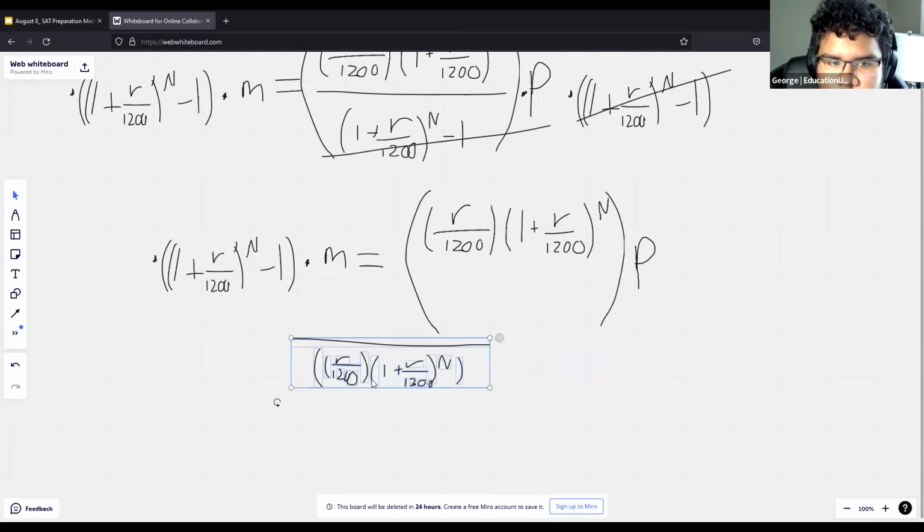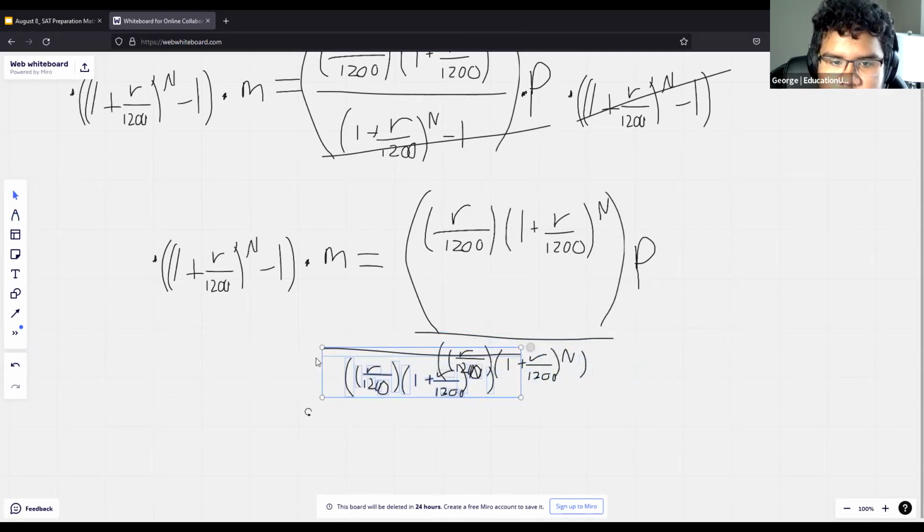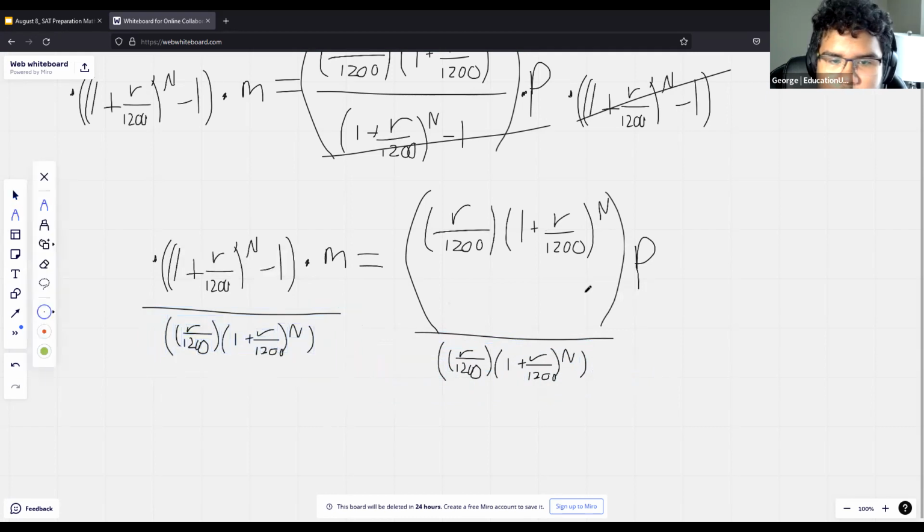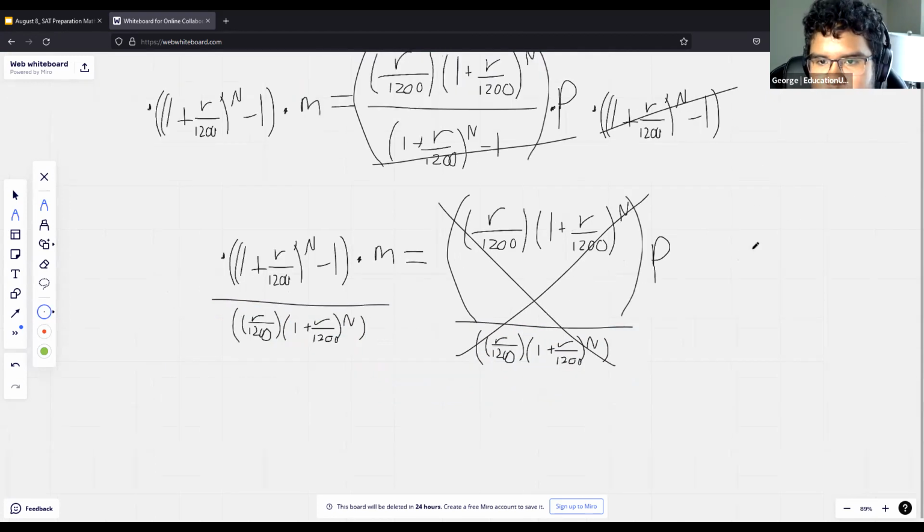Since we divide both sides by this, on the right side they cancel each other out because it's just one, since anything divided by the same thing becomes one. Like 2 divided by 2 is 1, 3 divided by 3 is 1. Same principle applies here. Since you're dividing something by itself, it becomes 1, so it effectively ceases to exist.